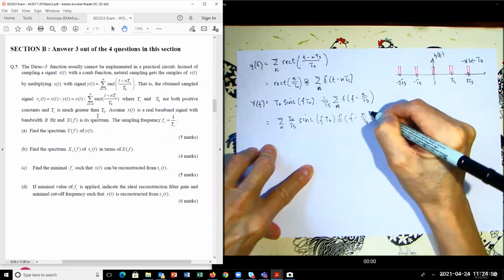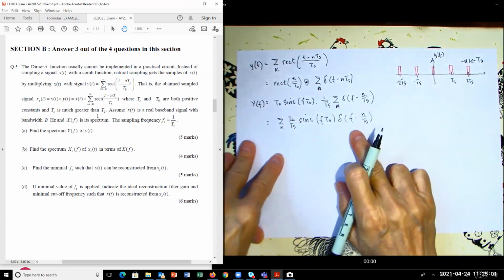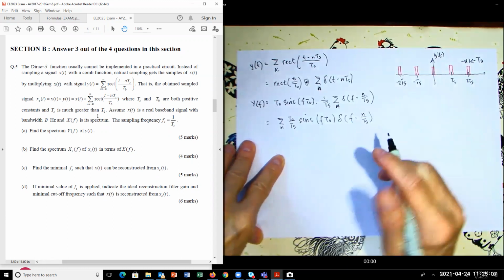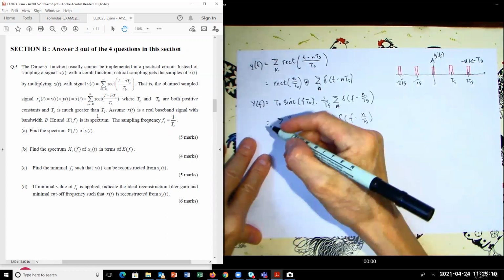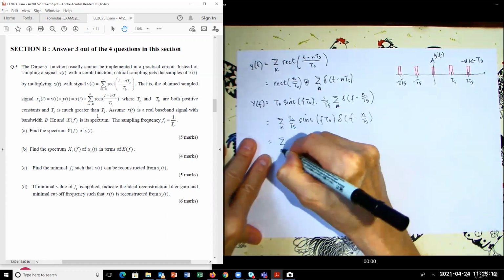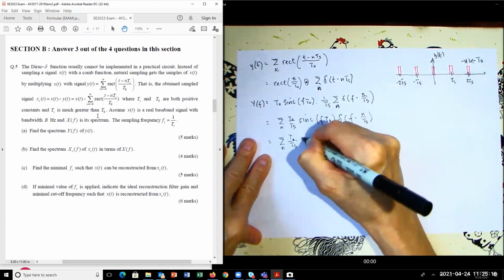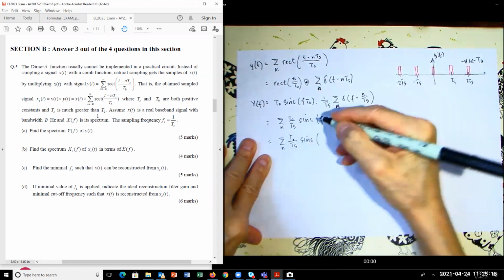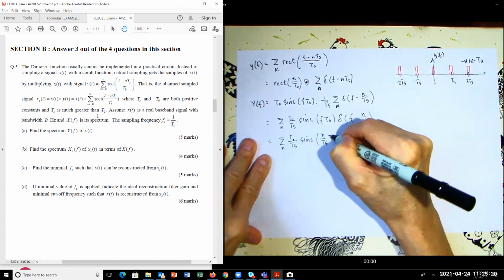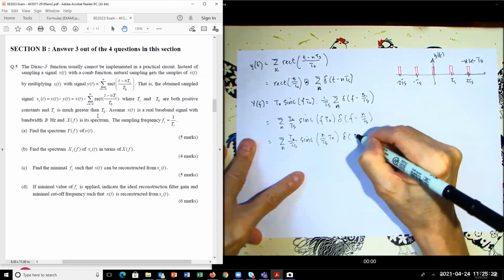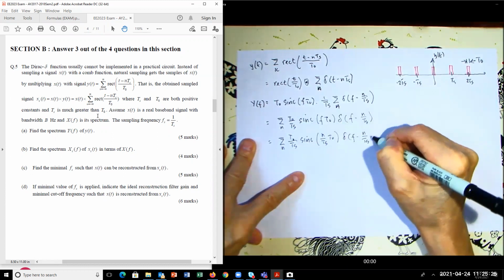The delta is zero everywhere except at 1 over Ts, 2 over Ts, 3 over Ts, so wherever I see f, I can replace it by n over Ts. That gives sinc of n over Ts times t0. So that's my Y(f).